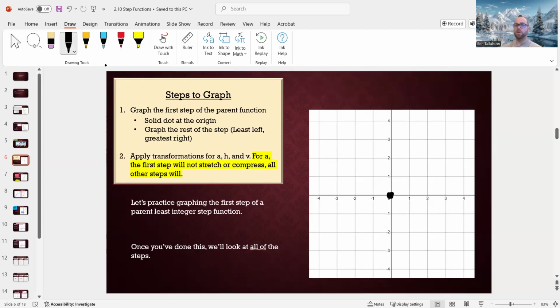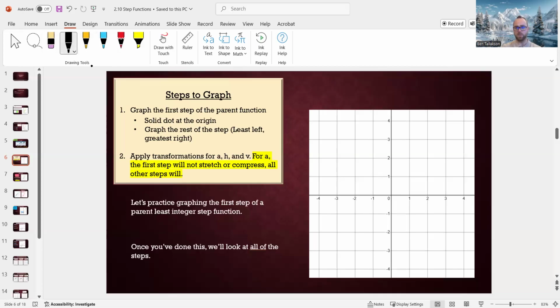So if we're graphing a least integer function, least is left. Boom. That is the first step of the least parent function. Okay. If you were graphing greatest, how would you do it? Well, you'd go exactly in the opposite direction.